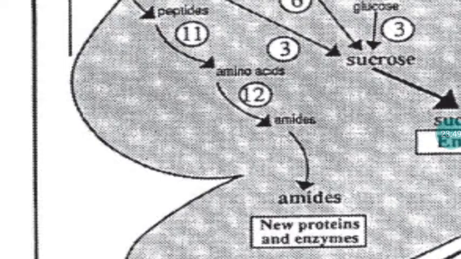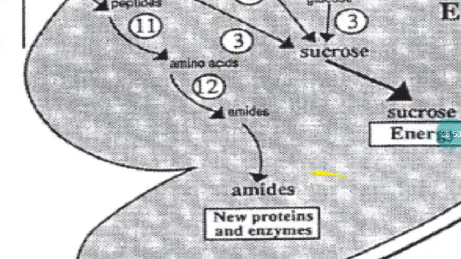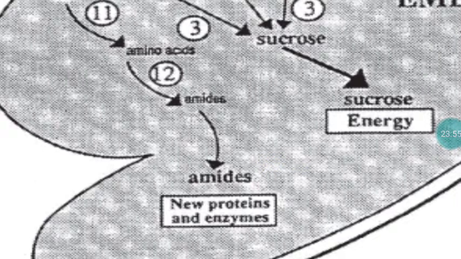So whatever amino acids or proteins are formed through the process of degradation will be very well utilized by the embryo for the development of the root and shoot. Okay, so this will be fully utilized for the body building function.